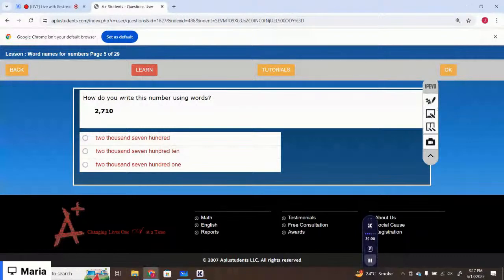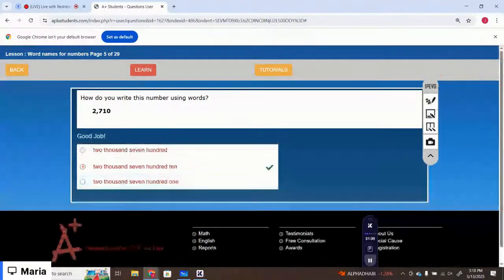How do you write this number using words? So which is the correct option? That is 2,710. Option number 2 is the correct option.